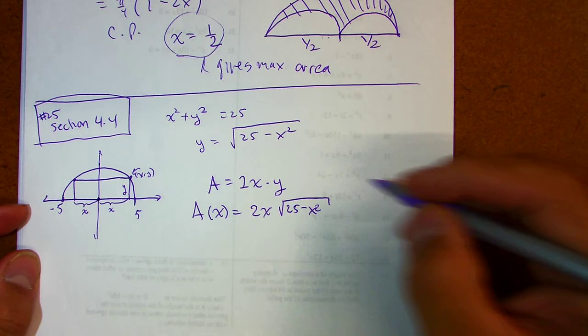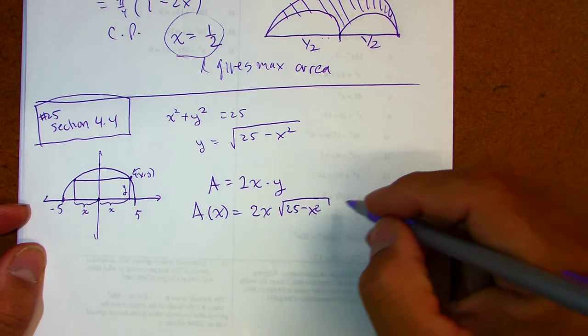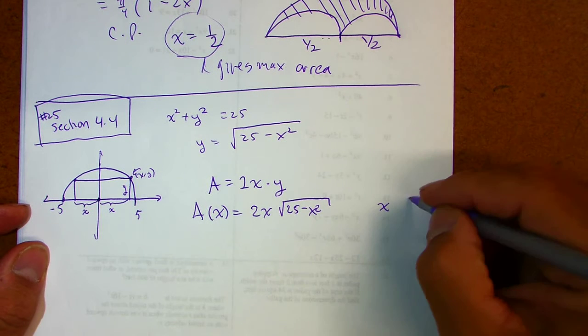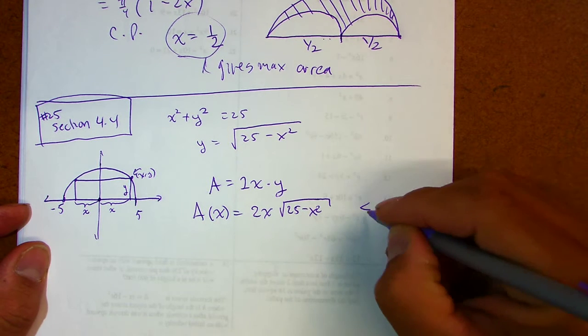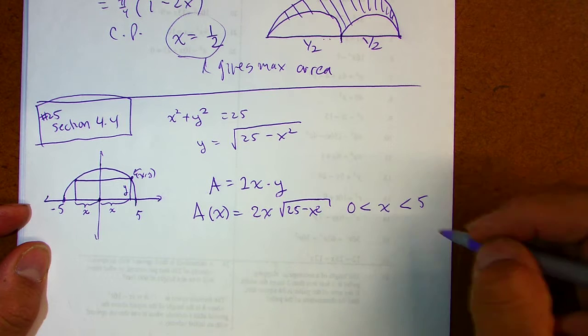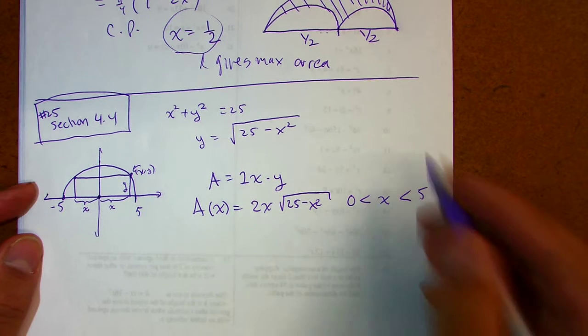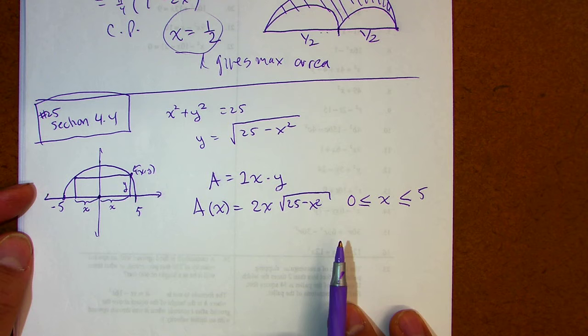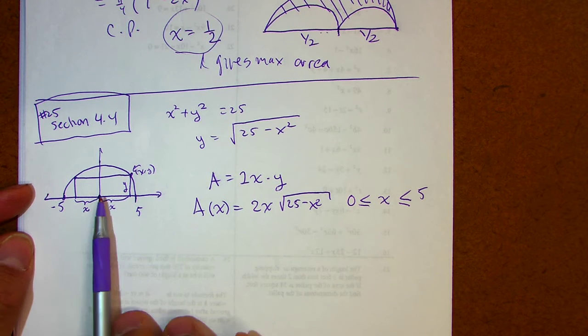All right, and notice here the domain of this function. It'll run, well, we can include the endpoints, right? But the endpoints, realize that that's not a rectangle, it's more like just a line.